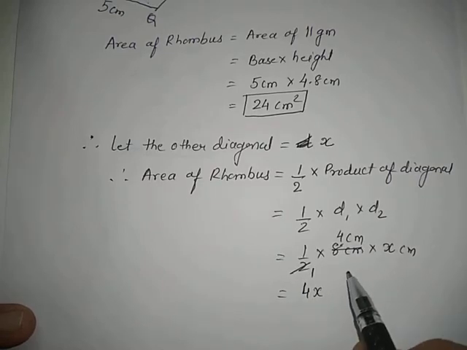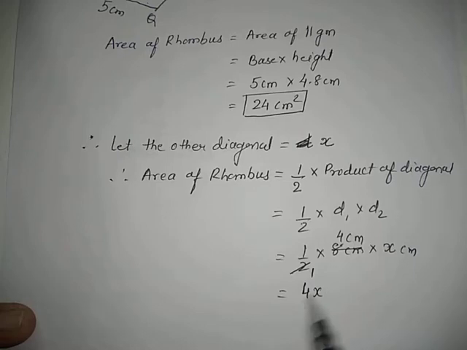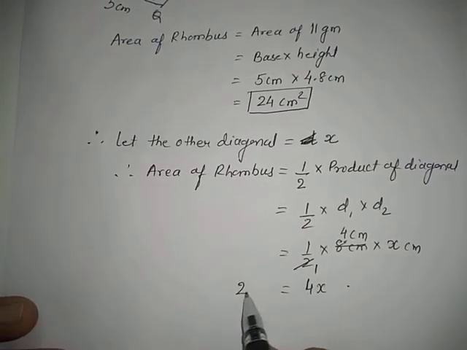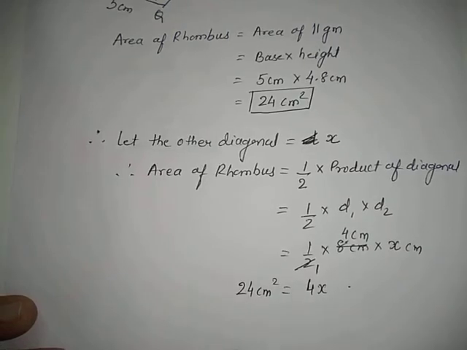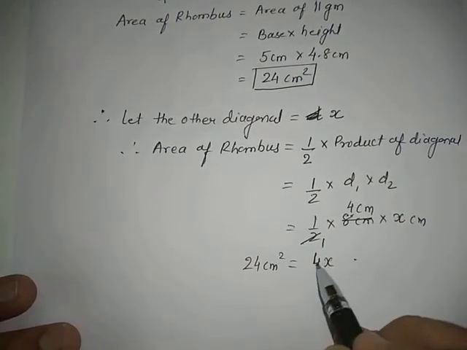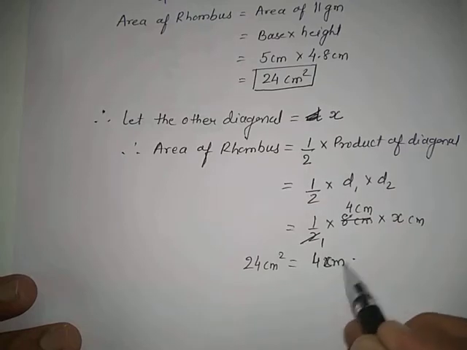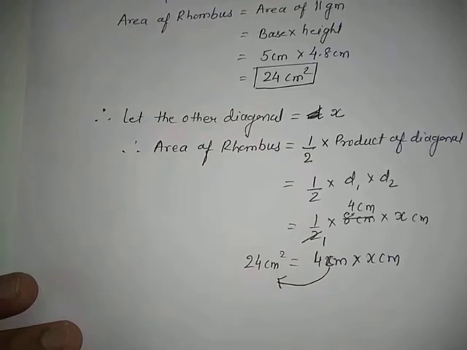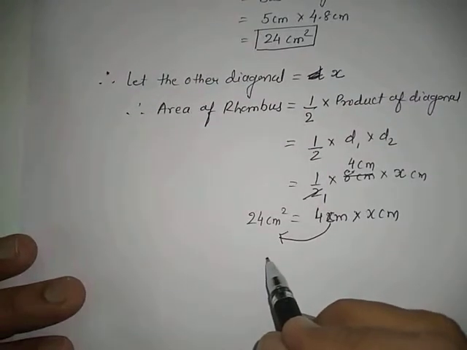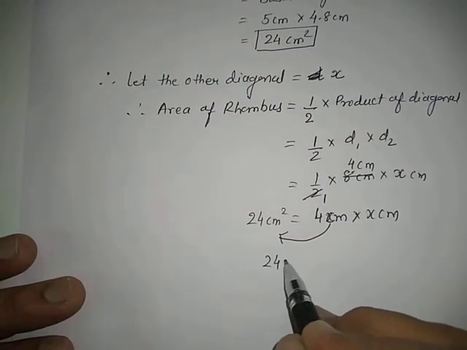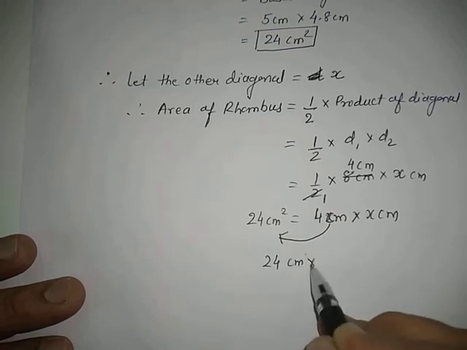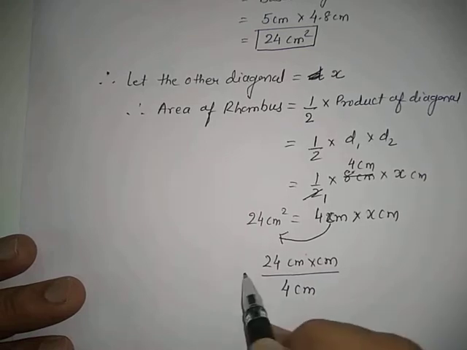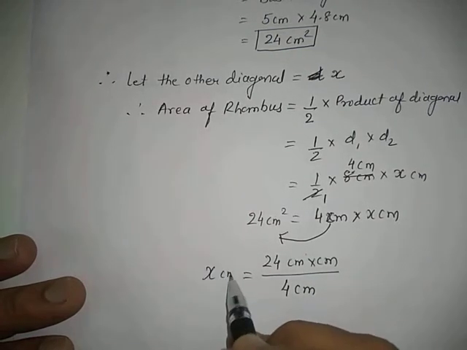Okay, and this is equal to the already given 24 centimeters square. Okay, so out of this, 4 centimeter multiplied by x centimeter, we will just bring it to the other side. So it will be 24 centimeter square, divided by 4 centimeter, is equal to x centimeter.